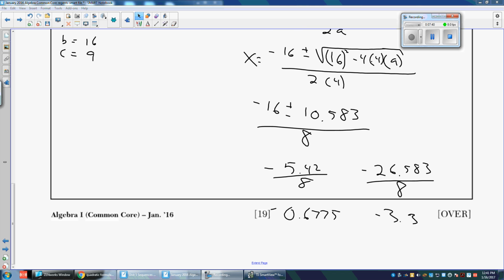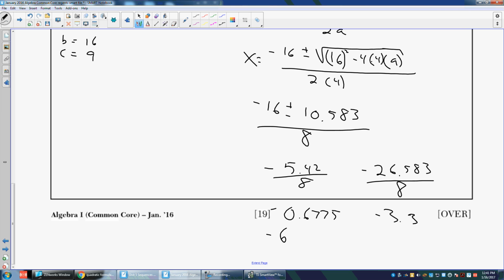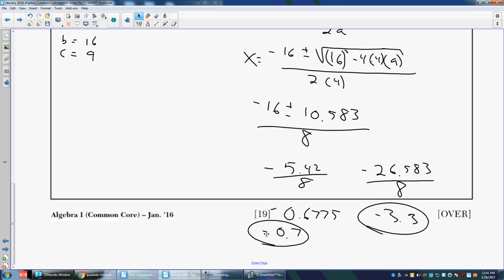So I went through and did the calculator work, and the final step would be to round to the proper spot, and it's the tenths spot. So there is one answer, and there's the other answer, which is exactly the same answers rounded as our graphing calculator got us. So there are two methods.